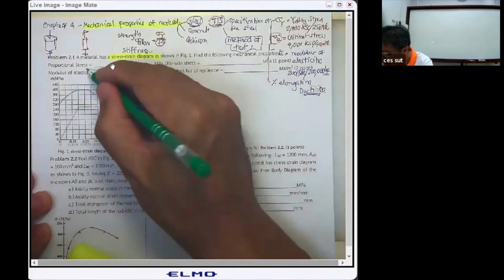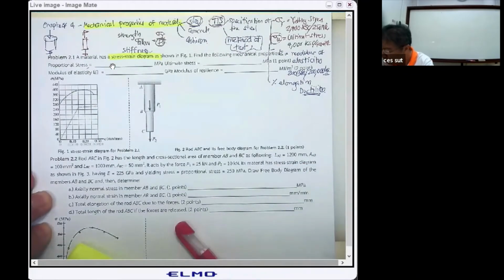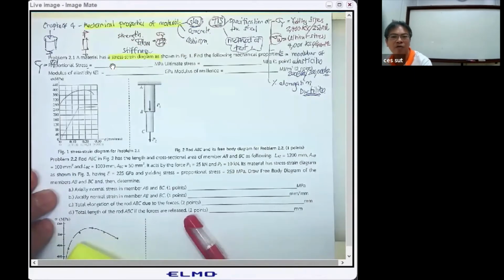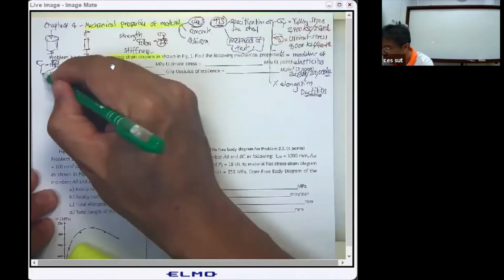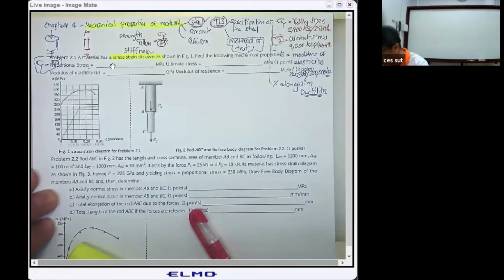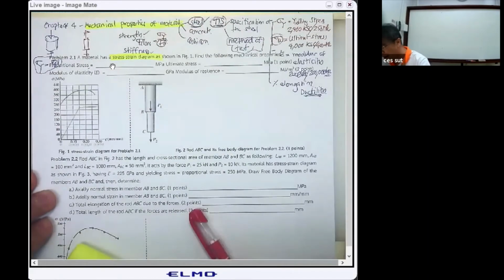For most materials we assume the proportional stress is close to the yielding stress, because as you may know from the previous lecture, the value of the proportional stress and the value of the yielding stress of steel are close to each other, and also the yielding is clearer to determine than the proportional limit. So most of the time we use them to represent the strength of the material.